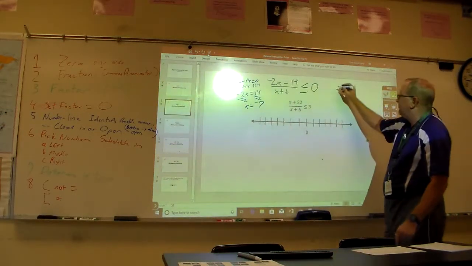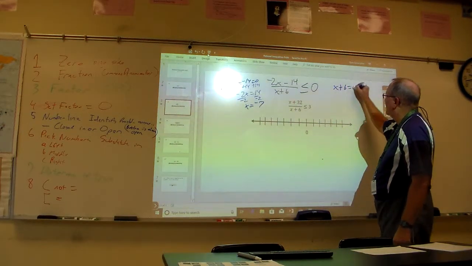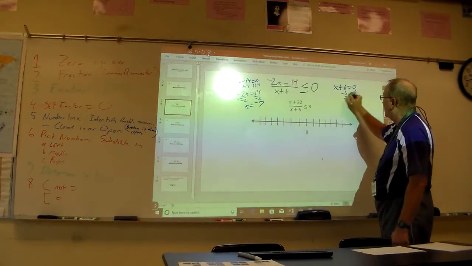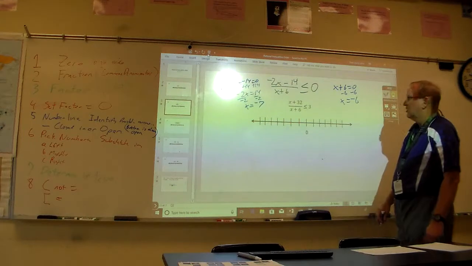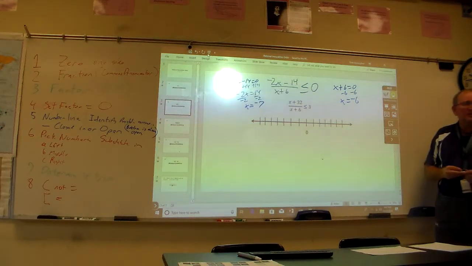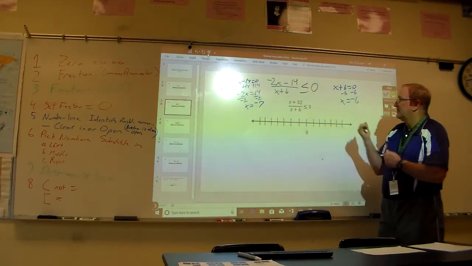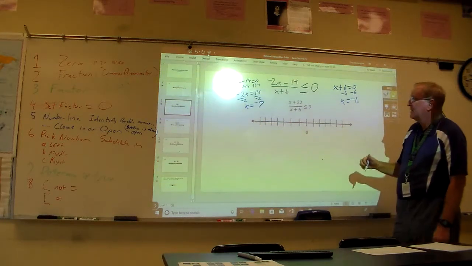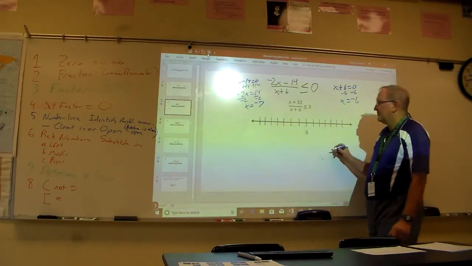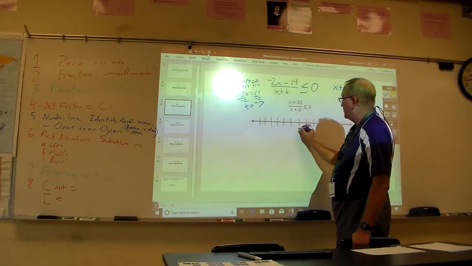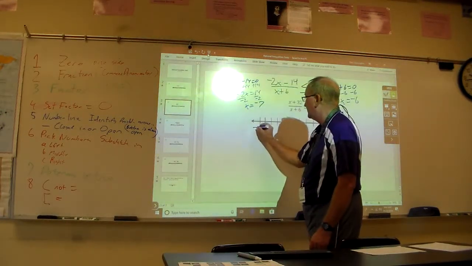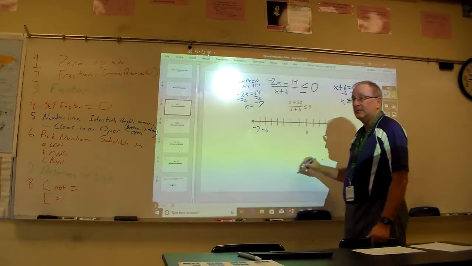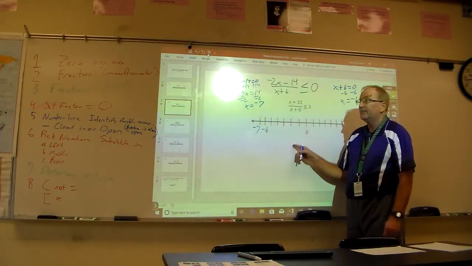And when I do the bottom, x plus 6 equals 0, subtract 6 from each side, x would equal negative 6. So what that means is this: here's negative 6, and here's 7 on the number line.